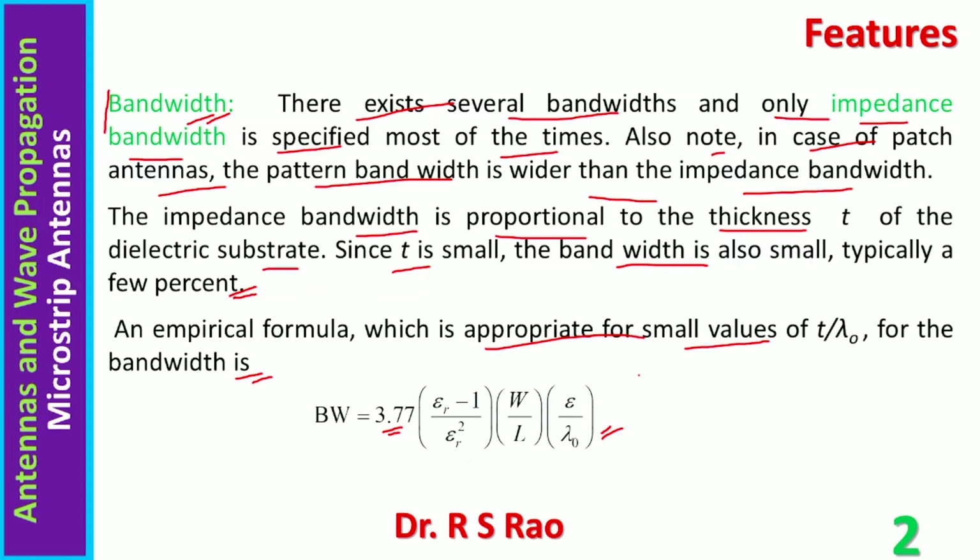One is their bandwidth is low. They are narrow banded devices. This is one serious drawback. Another drawback is the gain or directivity offered by them is low. So they are low gain devices, small gain devices. These two are serious drawbacks, and of course, certain techniques got developed to overcome these shortcomings.